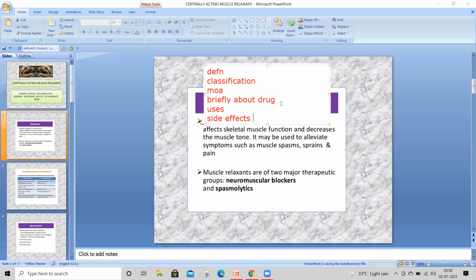Mainly what is benzodiazepine, mechanism of action, and uses, or if any side effects are there you can write that. And uses of centrally acting muscle relaxant: overall around 4 to 5 or 6 uses you can add, and side effects, what are the possible side effects that may be there due to centrally acting muscle relaxant.